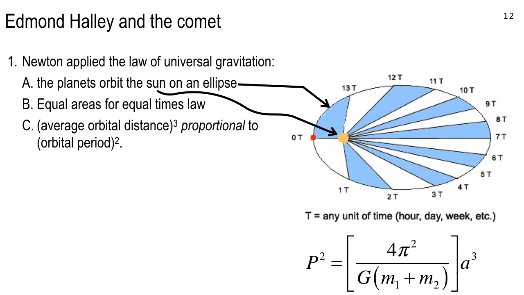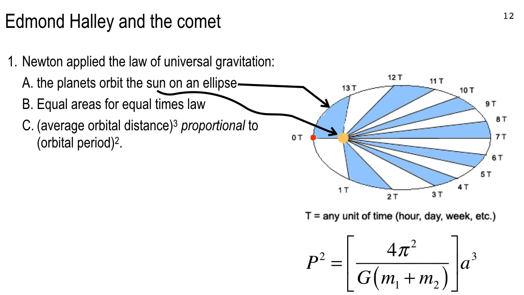The square of the period is equal to a big square bracket of, there's G, see G in there? The gravitational constant, and 4 pi squared up in the numerator. And then down in the denominator is the sum of the two masses.